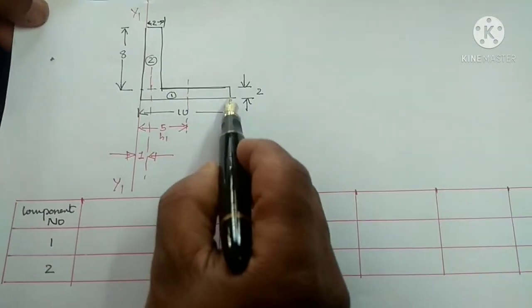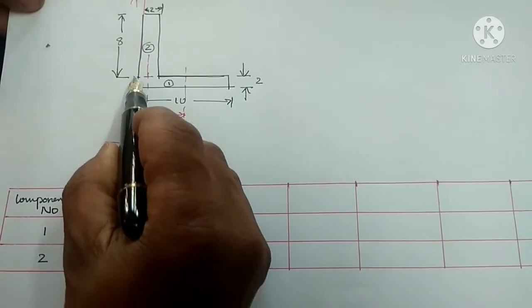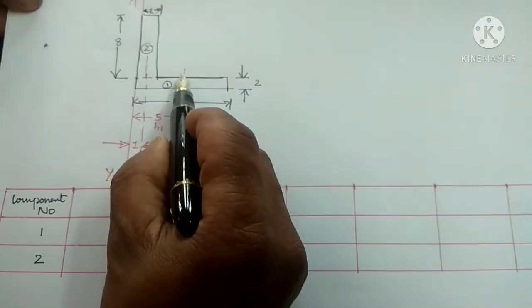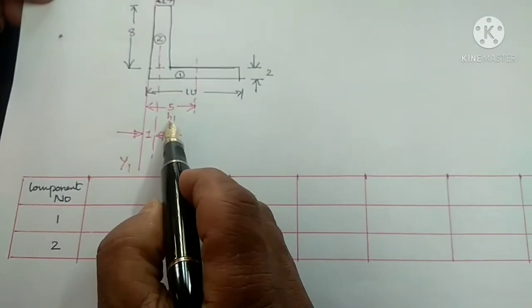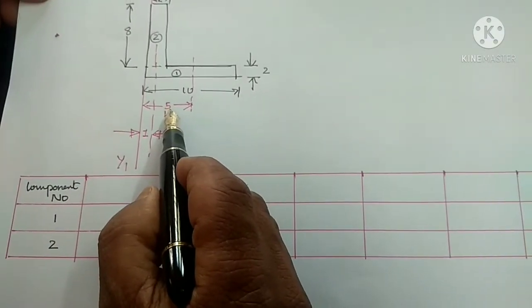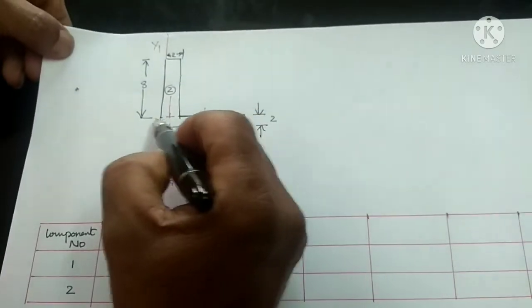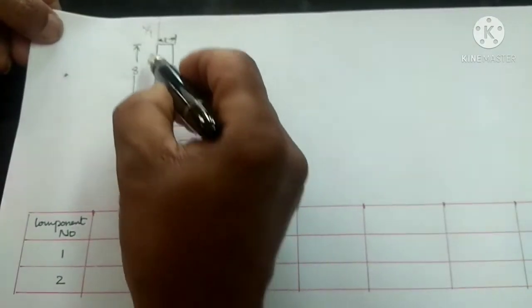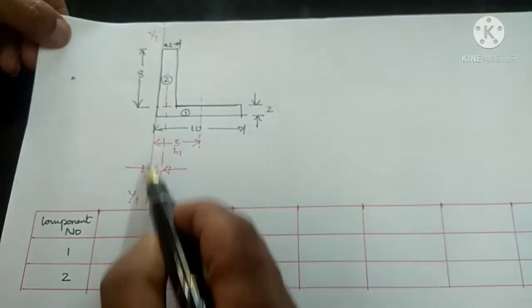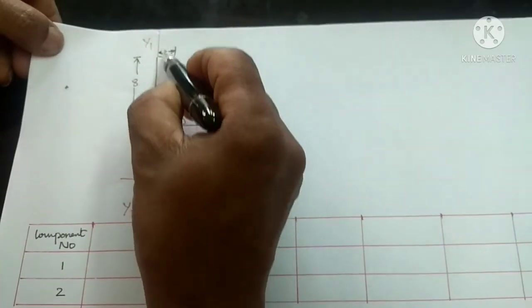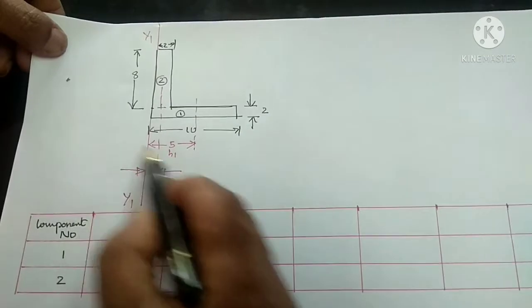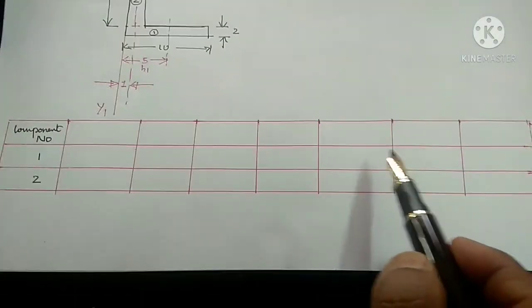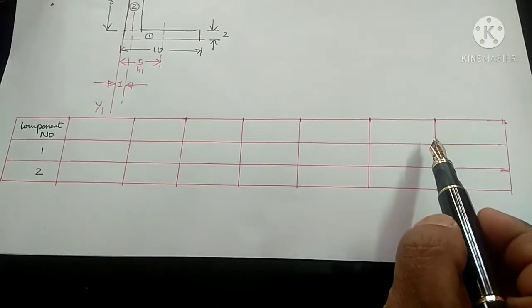For the first component, the distance from the reference axis to its vertical centroidal axis is H1, which is equal to 5. For the second component, the distance between the reference axis and the vertical centroidal axis is 1. So with these data, we can complete the data for this table.